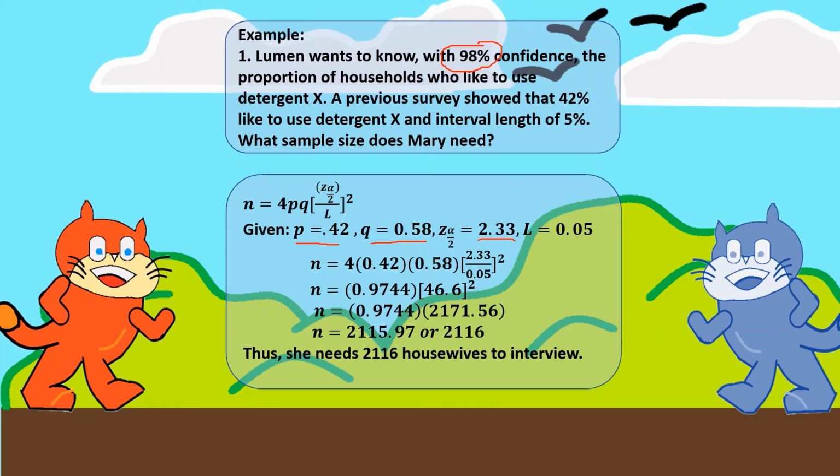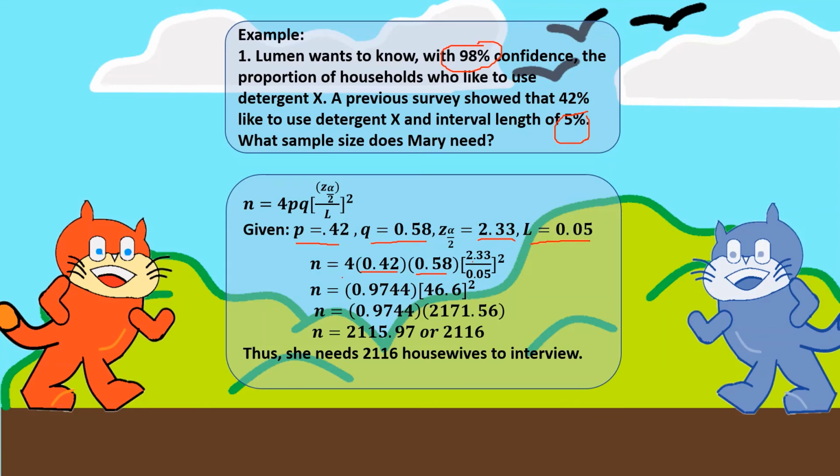And our L is 0.05 represented by 5% interval. Using the formula, n equals 4 times 0.42 times 0.58 times the quantity square of 2.33 divided by 0.05.